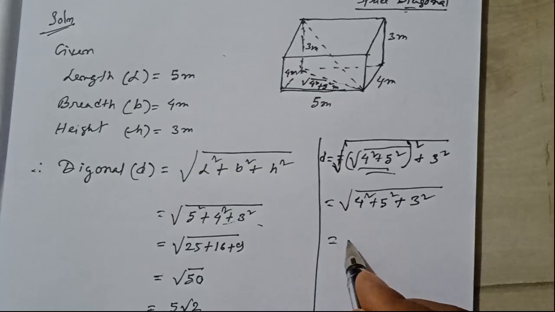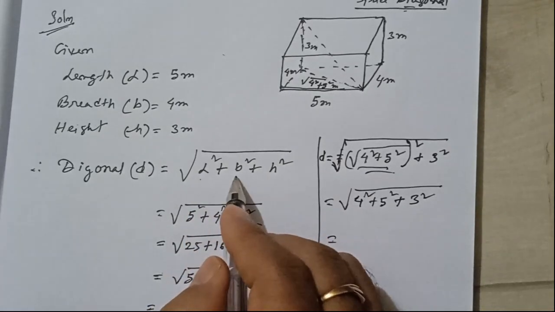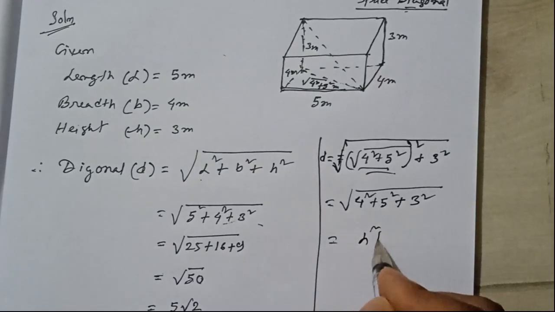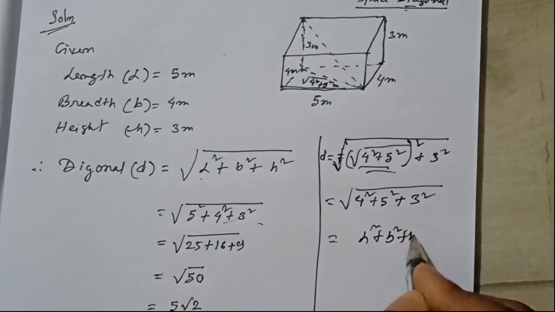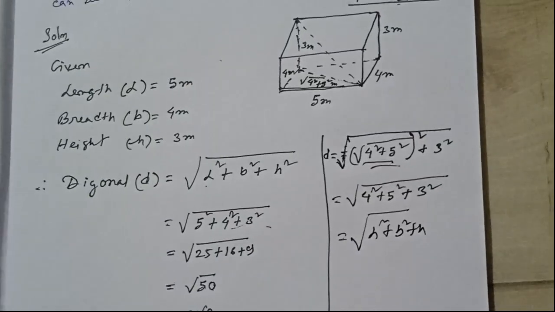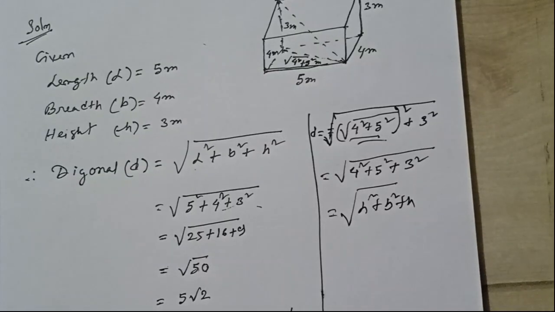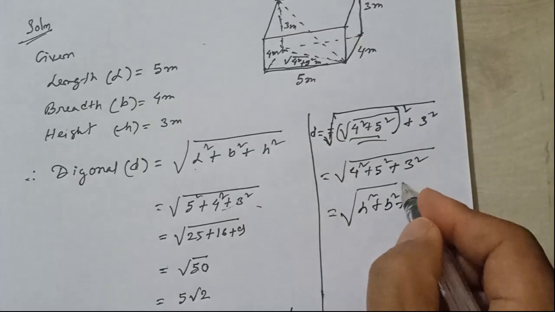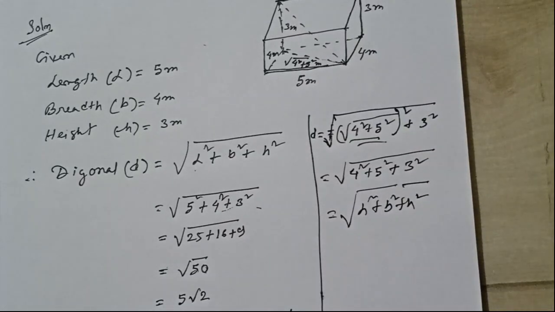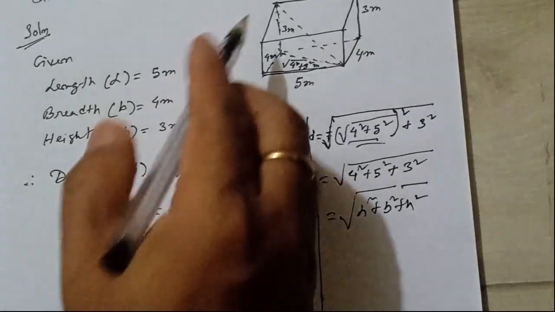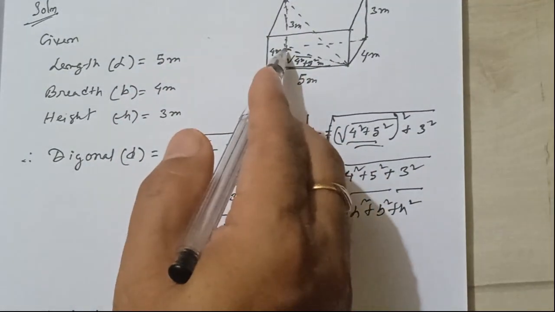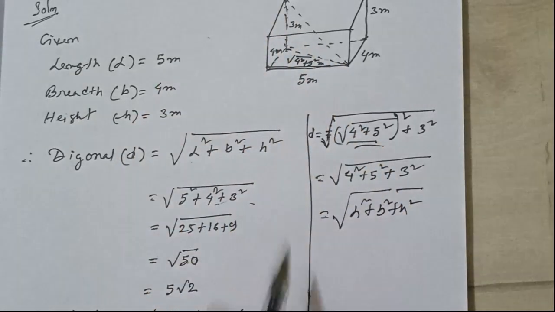And this is equal to how much? L square plus B square plus height square, length square, breadth square and height square. Okay, so to find this diagonal we use the Pythagoras theorem twice.